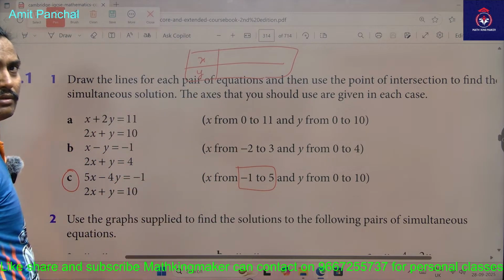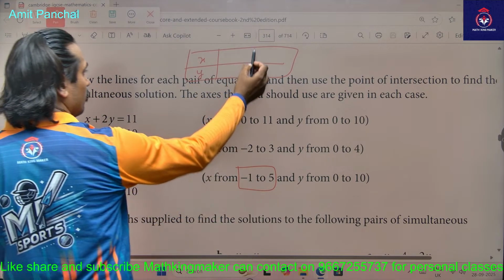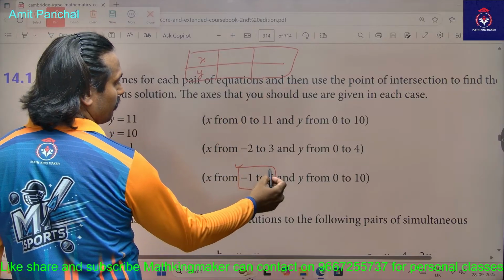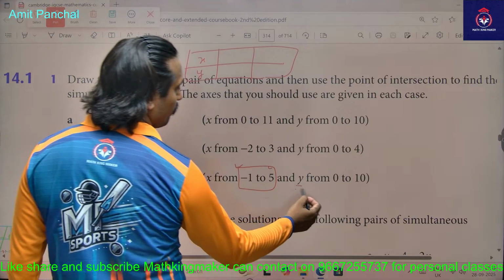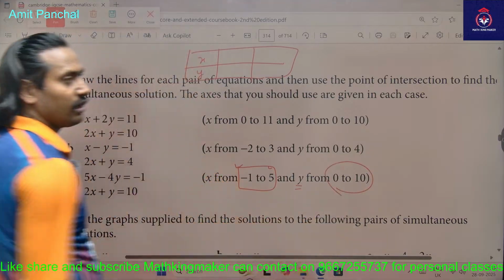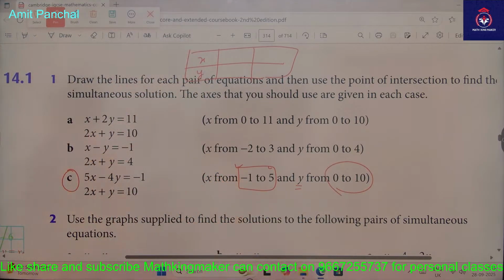Whatever points we take to draw the table must not go beyond -1 to 5. It should be in between -1 and 5, and the y value must be from 0 to 10. So that is the restriction. You need to keep it in mind.